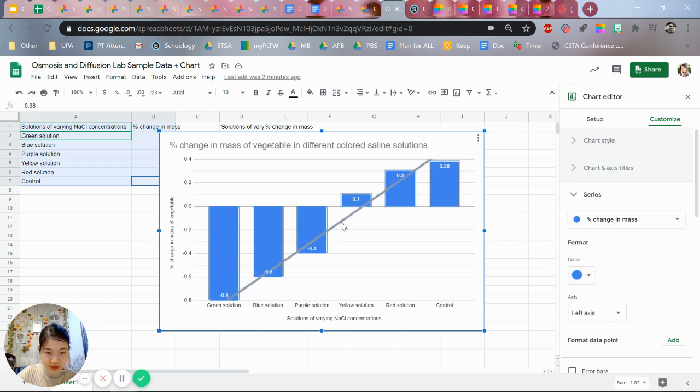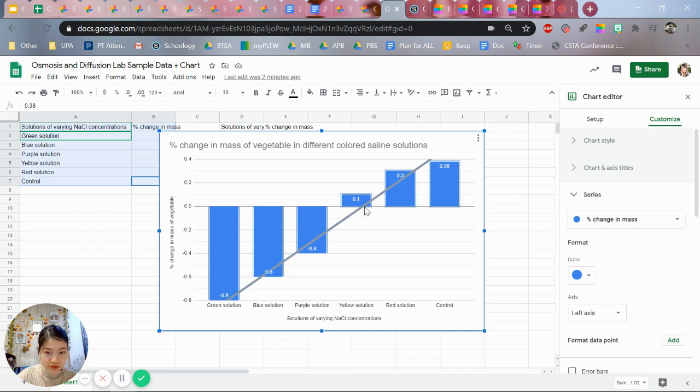It's going to come into play now. It intersects this line where it says 0% change in mass. This would be where the saline concentration outside the vegetable is the same as the inside, meaning that water is still moving in and out of the plant cells.